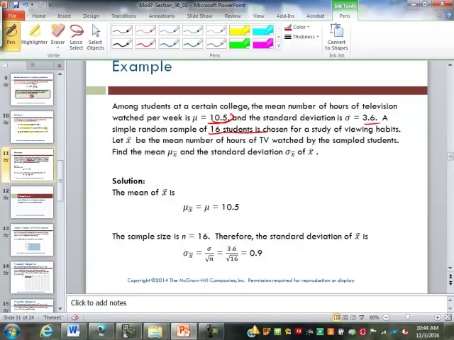Well, the mean of the sample means should be equal to the mean of the individual values. That's just 10.5. The standard deviation of the sample means: you're going to take the standard deviation of the population, 3.6, and divide by the square root of the sample size. Sample size is 16, so the square root is 4. So 3.6 divided by 4, or 0.9, is the standard deviation of the sample means, or the standard error.